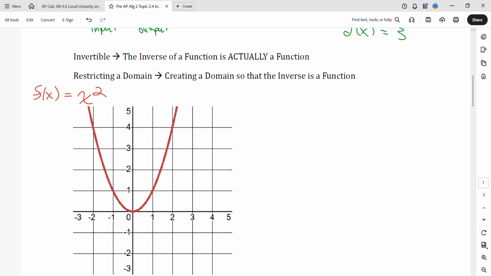So for instance, (-2, 4) is going to become (4, -2). I'm going to put that in a different color. Here, let me label all these points so that we can just change colors once. This is (-1, 1), (0, 0), (1, 1), (2, 4).